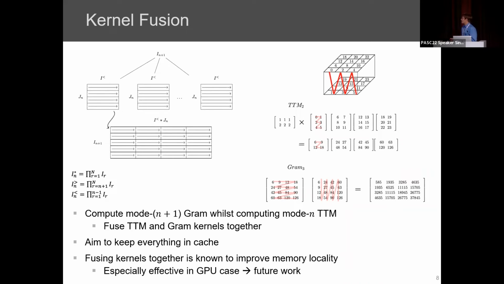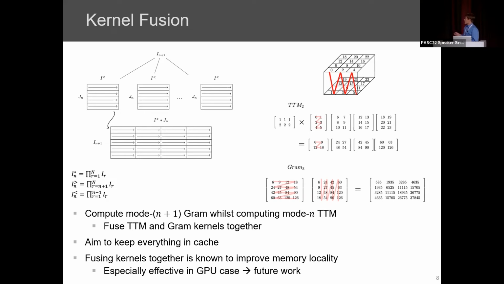And this is true for all of the rows in the mode 3 matrixization of the tensor. Then we take this and multiply by its transpose, and this is the gram matrix of the mode 3 matrixization of this tensor.